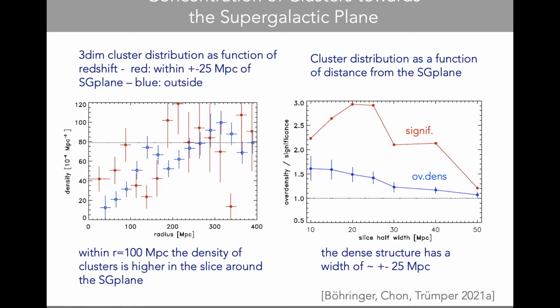But if you look out to about 100 megaparsec, the cluster density inside the supergalactic plane is definitely higher than outside. But at around 100 megaparsec, so the next points, it's reversed. The cluster density outside is more. So I think this shows for us quite well that this sheet, which starts at 6 megaparsec, ends somewhere around 100 megaparsec.